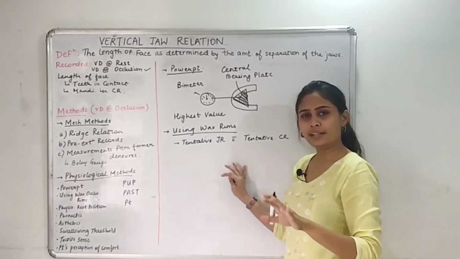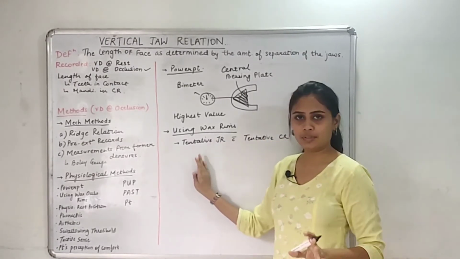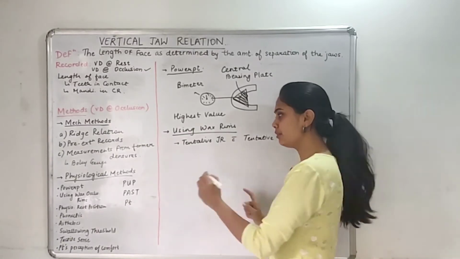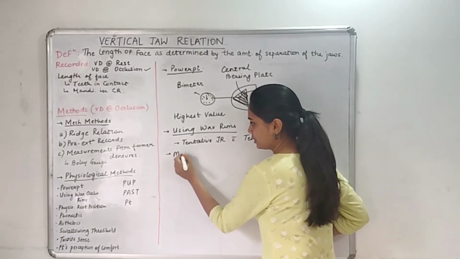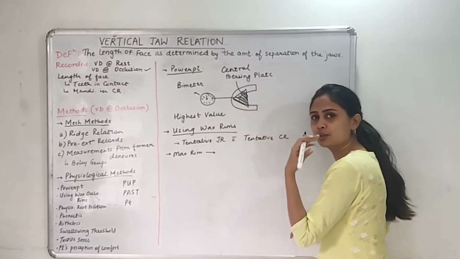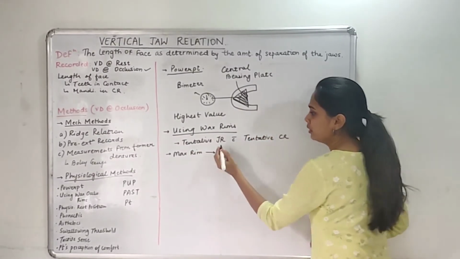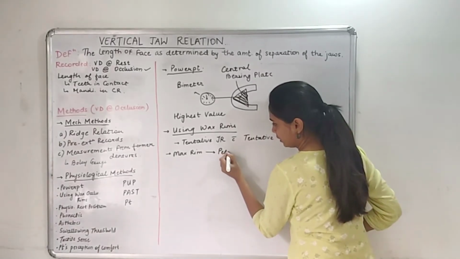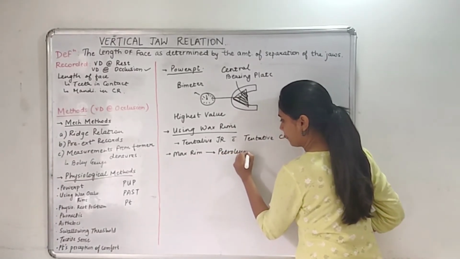So a rough vertical dimension is taken, then the maxillary occlusal rim is placed in the patient's mouth, coated with petroleum jelly or petrolatum.